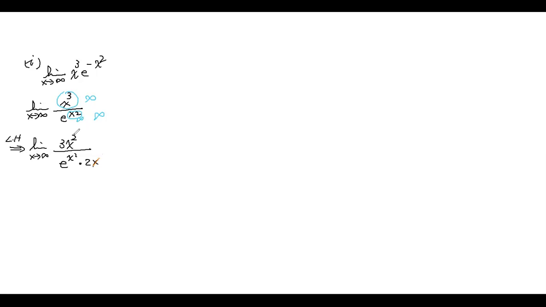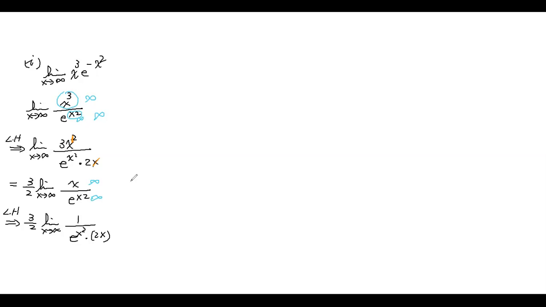Okay, now let's simplify a little bit. This is x over x, I can cancel one x. So I can move the 3/2 to the front. So the limit as x approaches infinity, now I have x over e^(x squared). Still checking, it's infinity over infinity, right? Okay, let's do L'Hopital's rule one more time. So this is 3/2 times the limit as x approaches infinity of 1 over e^(x squared) times the chain rule, 2x.